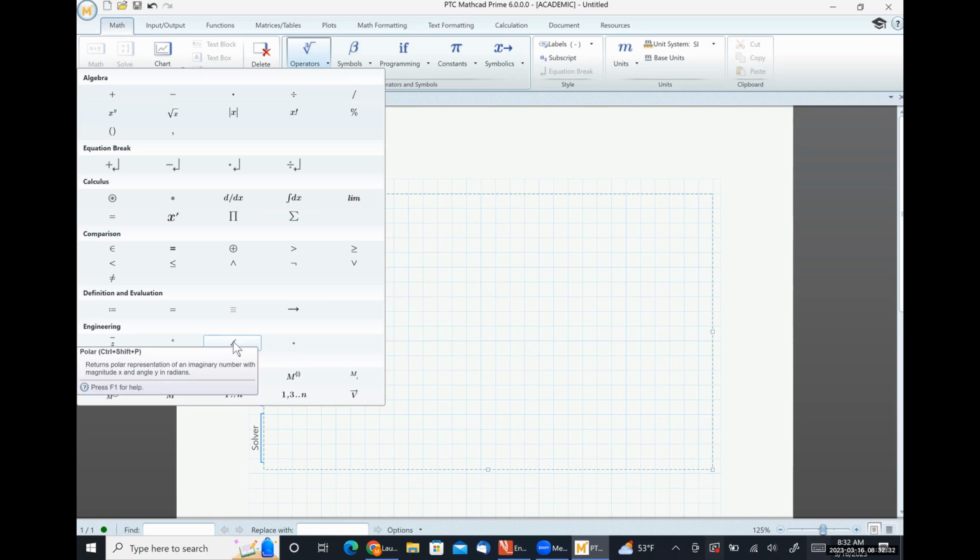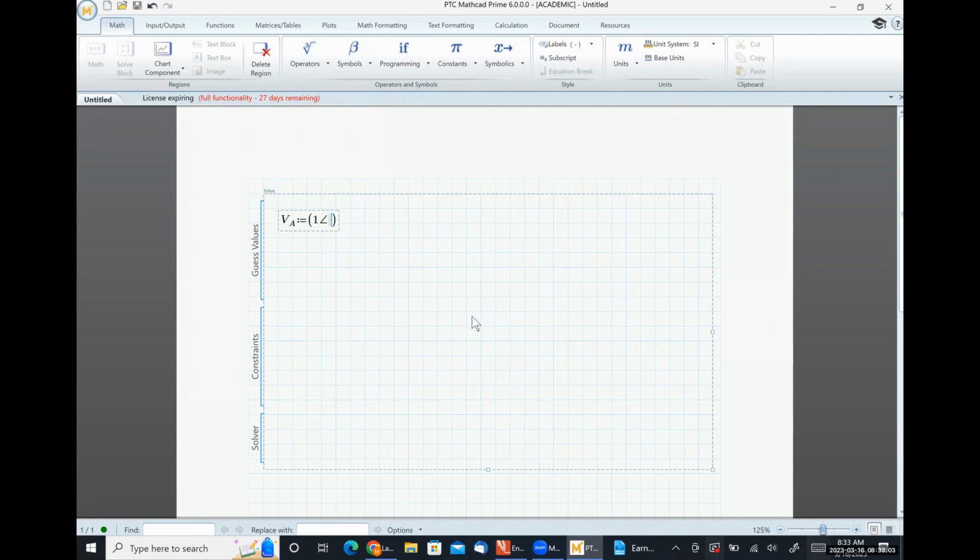I am too lazy to go up to this menu and click that button every time. So from here on out, I'm going to just hit Control-Shift-P to give me the angle operator. While we're here, I want you to notice there's also the degree symbol in this particular area of the page. And there is not a keyboard shortcut, so we're going to fix that in a moment, okay?